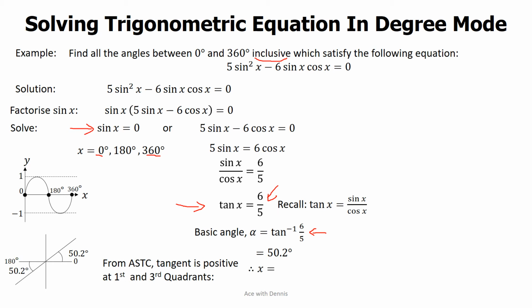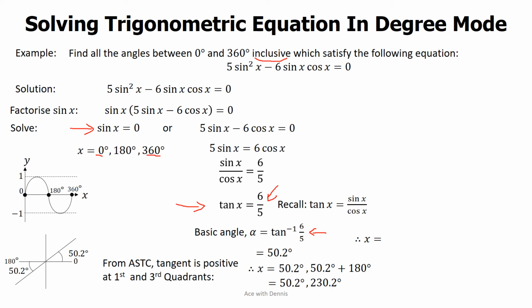Therefore, the x will be equals 50.2 degrees, which is in the first quadrant. In the third quadrant, it is 50.2 degrees plus 180 degrees, which will give us the answer, right? 50.2 degrees and 230.2 degrees. Alright, so this is the answer for this question.